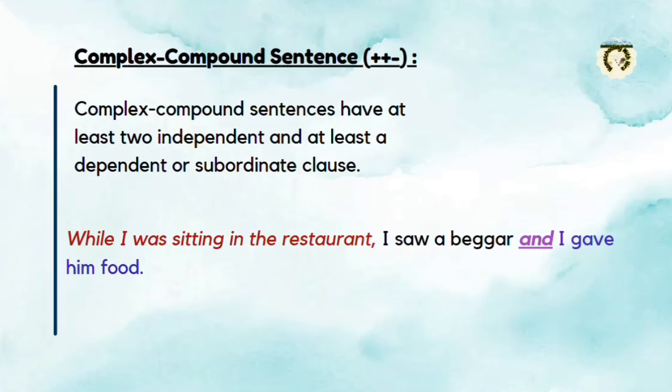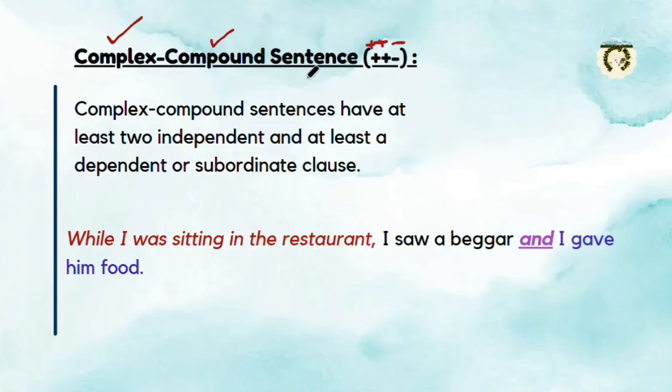Let's find out about complex compound sentences. Now here you can see we have both complex and compound together in this type of sentences. It means complex compound sentences. So we represent it with 2 plus, means 2 independent clauses, and 1 minus, that is a dependent clause.